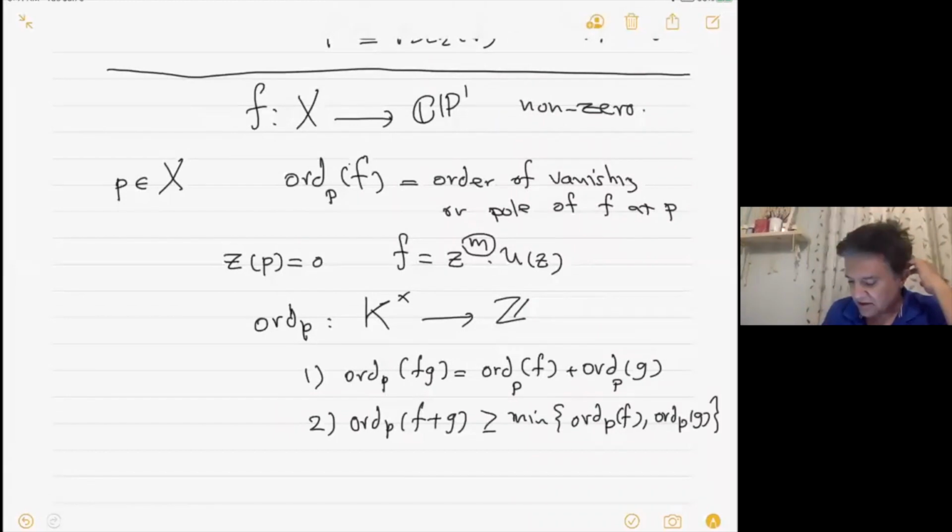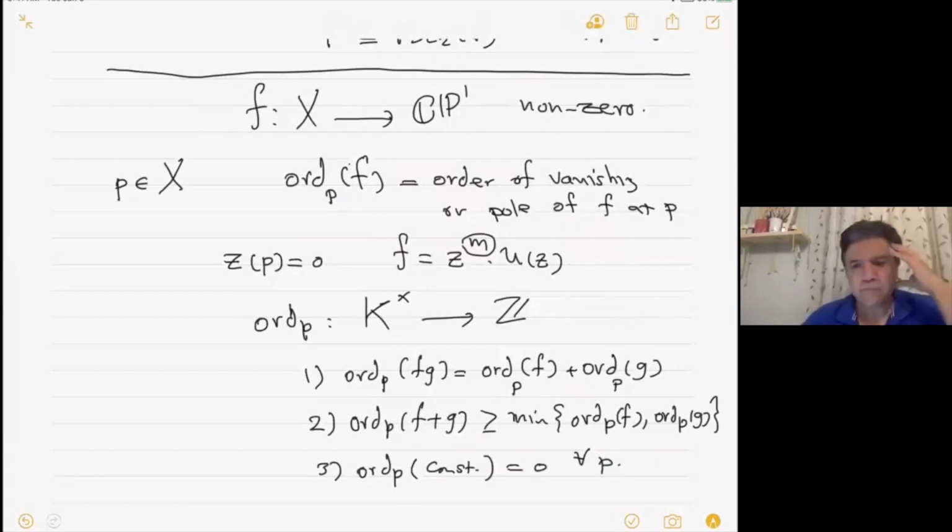And the third property is that the order of a constant f is 0. So such a function is called a discrete valuation.